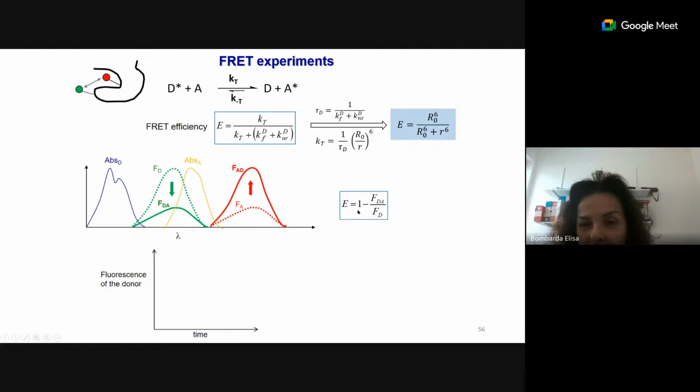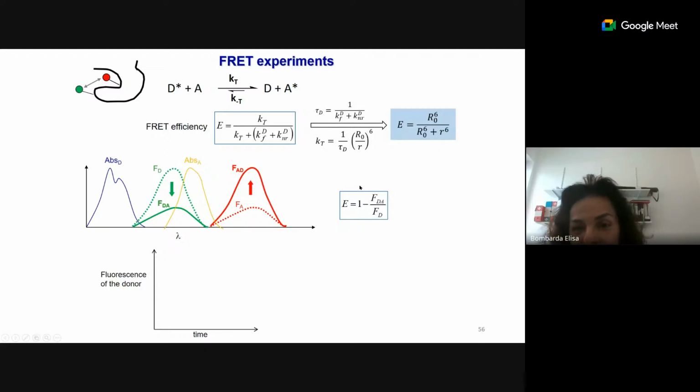also in this way. Here we quantify how efficient the transfer is between the two. I compare the fluorescence of the donor in presence of the acceptor to the fluorescence of the donor alone.